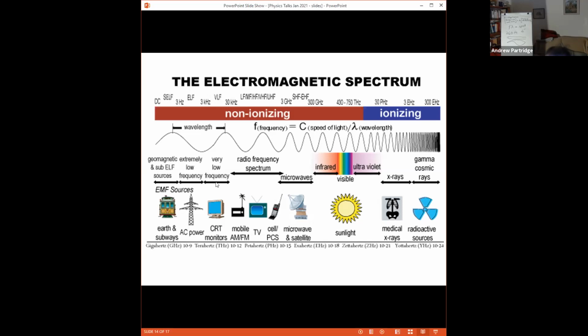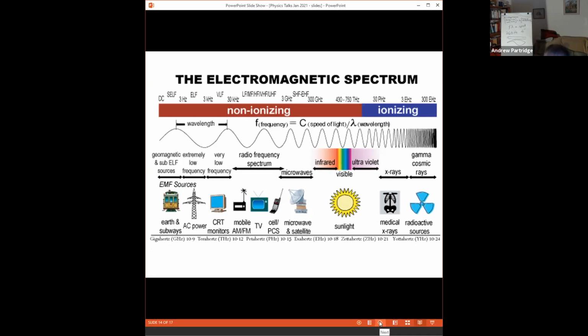And so Maxwell's discovery unlocked all of this, the realization that the bit of light that we see is only a part of this great spread of electromagnetic waves.